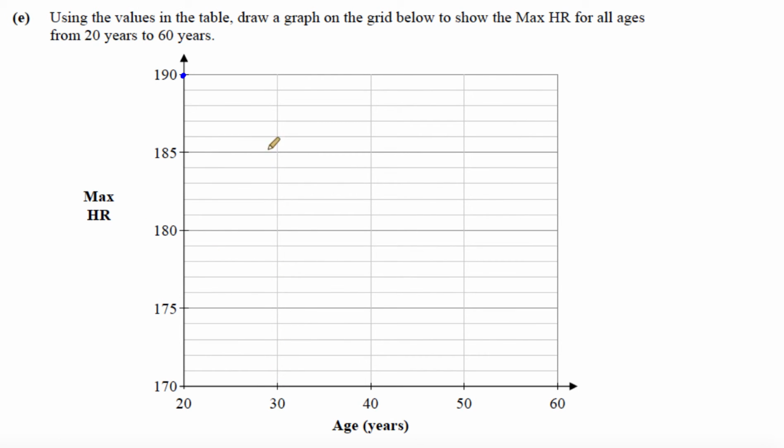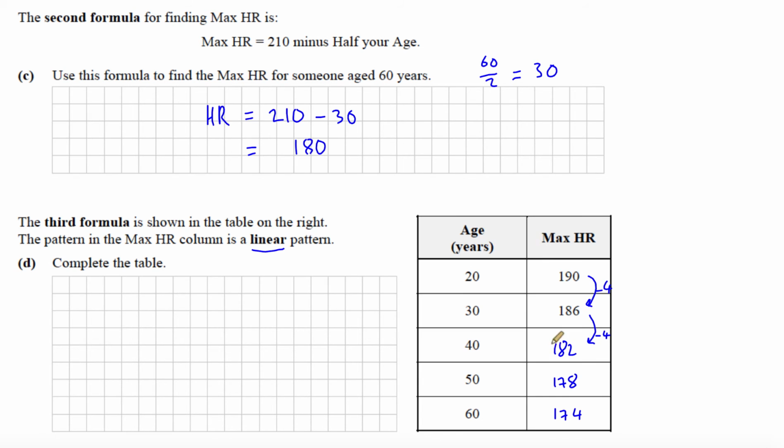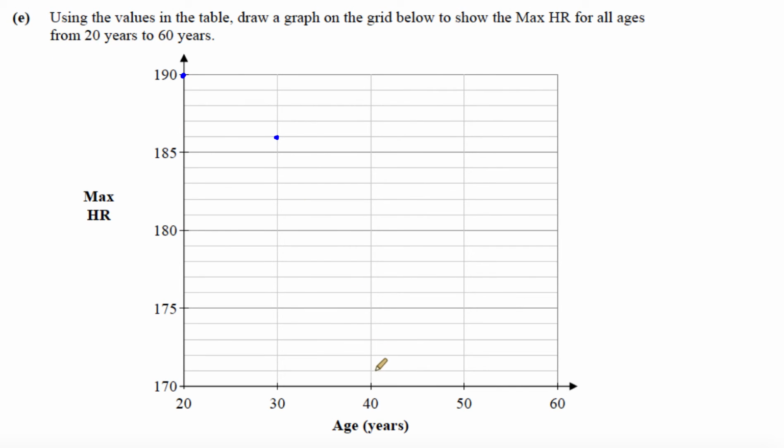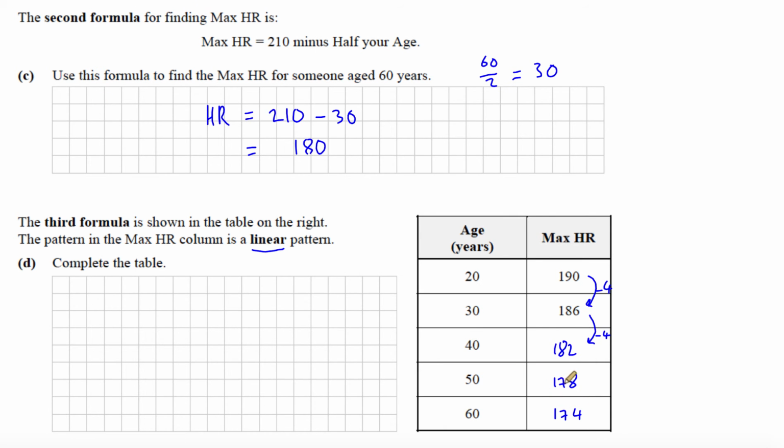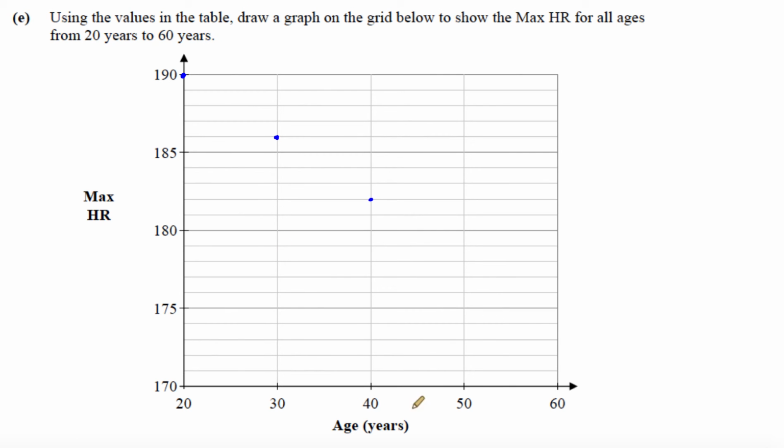Over to 30 years, that's 186, so that's here. 40 years, 182. So 40 years is 182, which is here. 50 years is 178. Over to 50 years and up to 178.